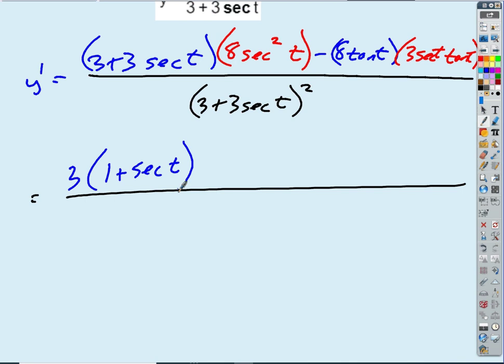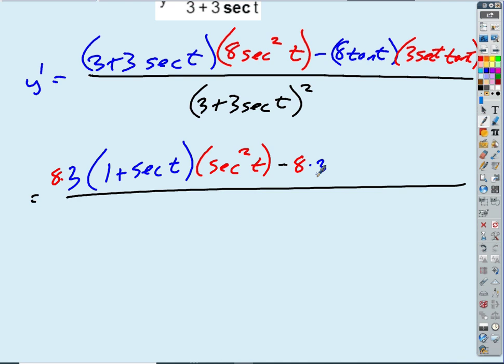Let's take an 8 out of this, and that's leaving us with secant squared t, minus, let's take a 3 and an 8 out of these two, tan t. Wouldn't the secant squared t be divided by 3 if you took? No, because the 3's out front. No, because I'm factoring a 3 out of this, right?